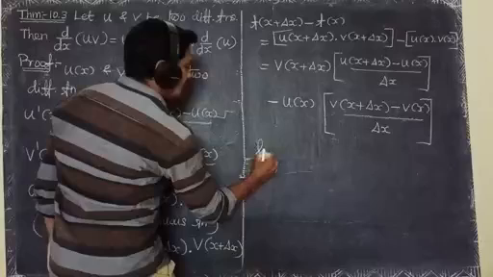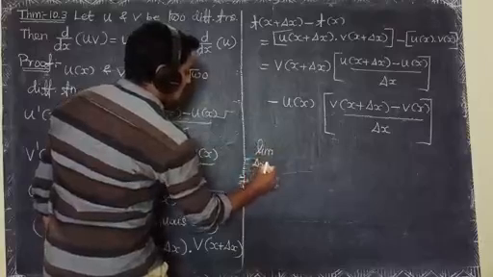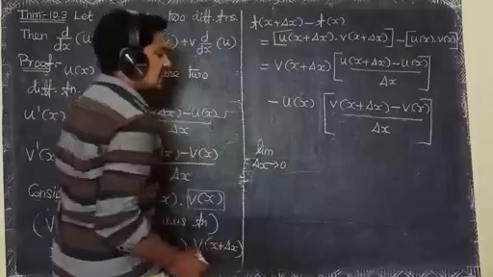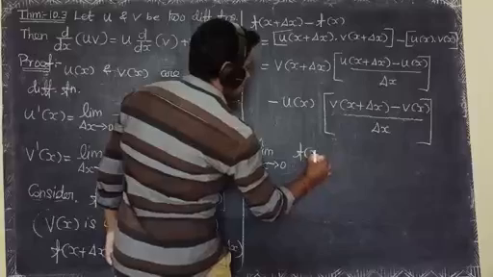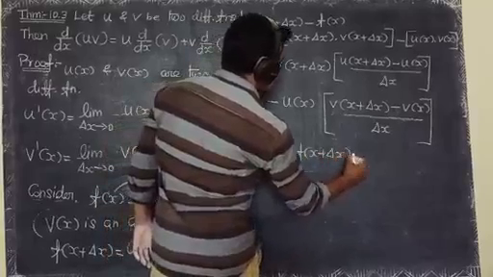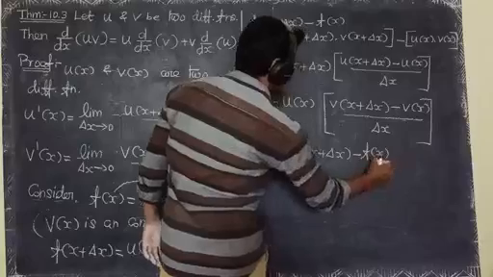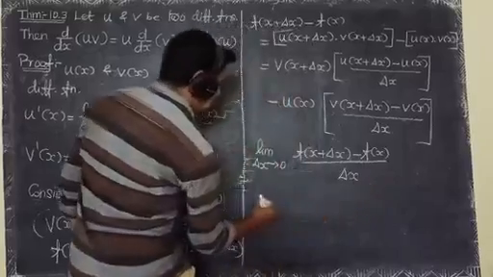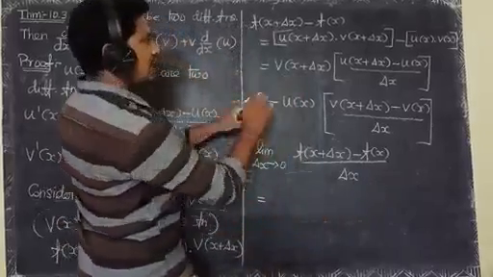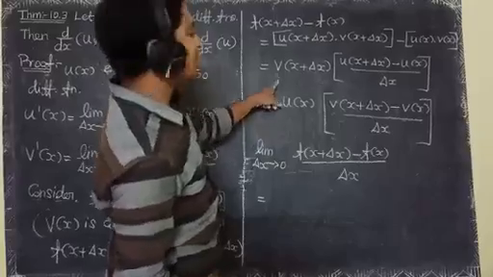Apply the limit as del x approaches 0 to the function f of x plus del x minus f of x, divided by del x. Minus means having two terms.